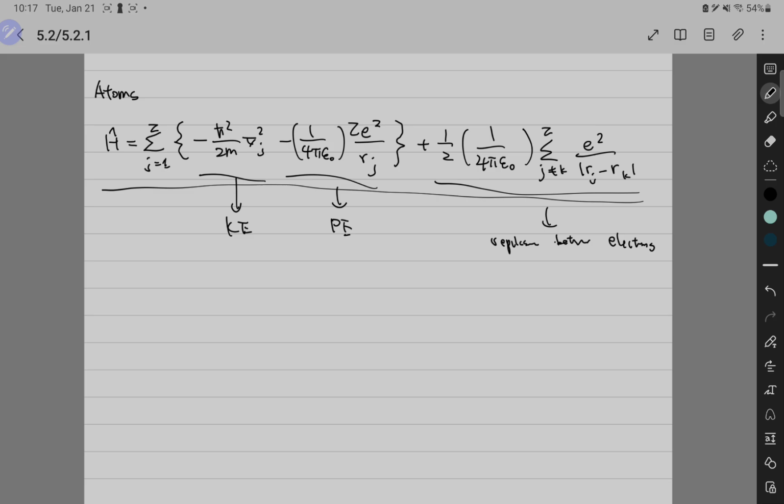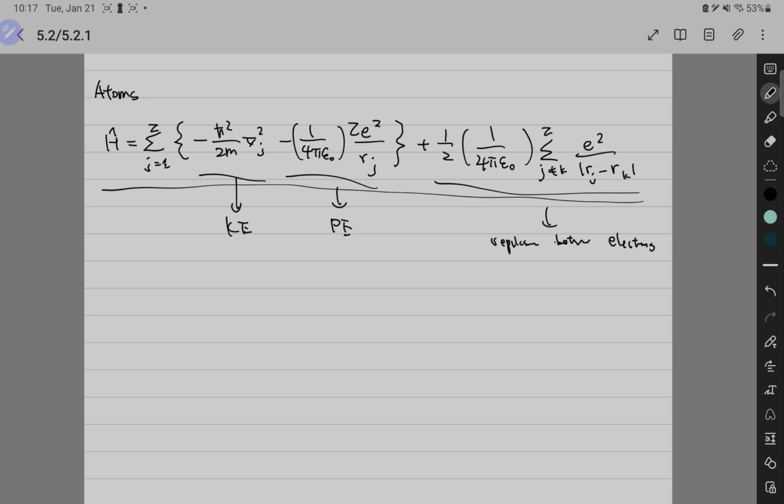So this equation describes the Hamiltonian for an atom, and this equation is very hard to solve. For any atom that's bigger and has more electrons than hydrogen, there is no exact solution to it.